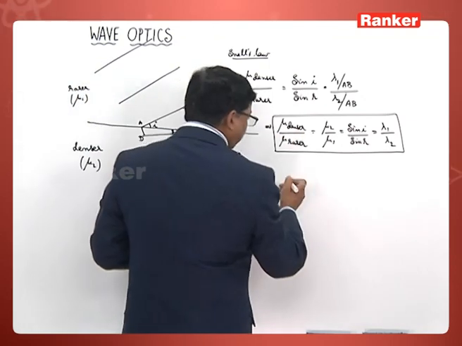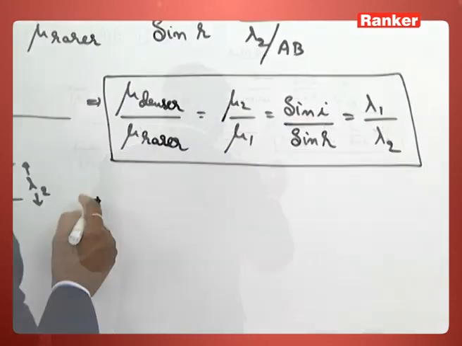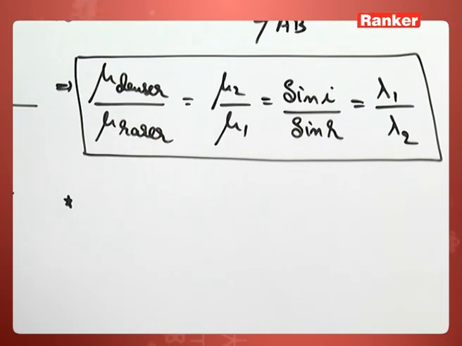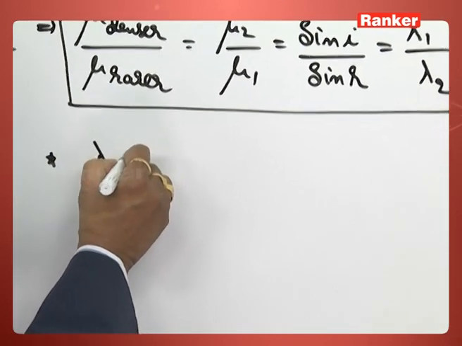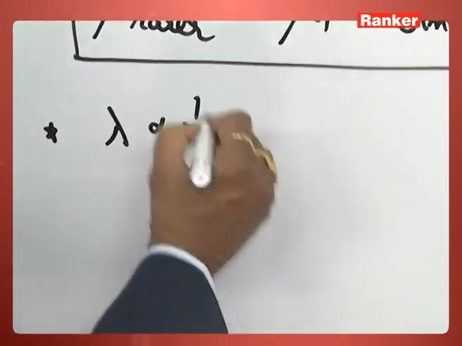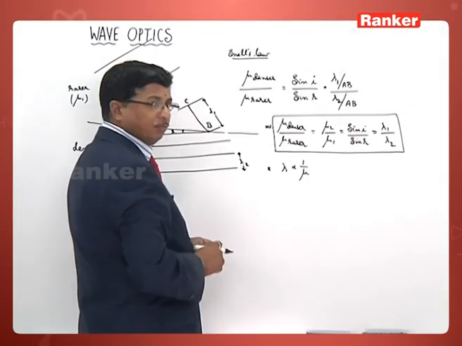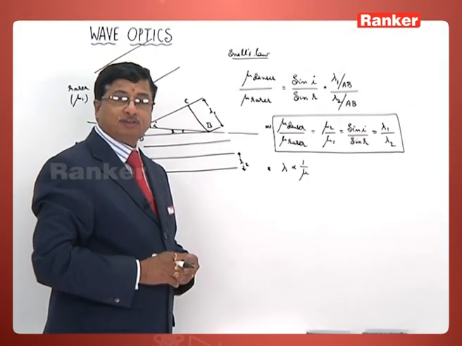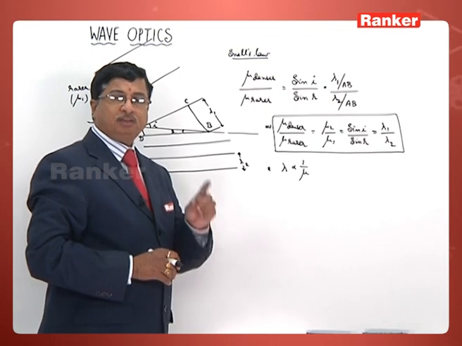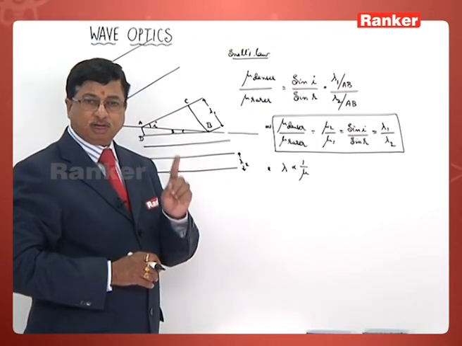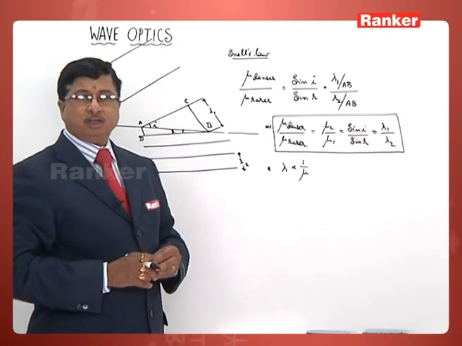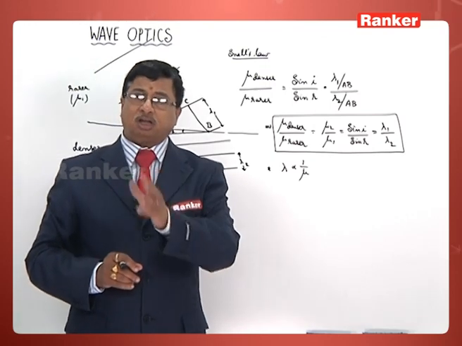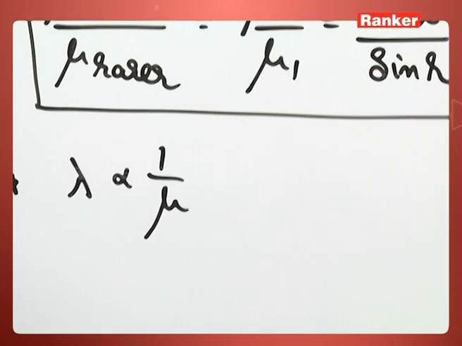From this, what conditions can we understand? The very first one: lambda is inversely proportional to refractive index. The more the refractive index of the medium, the lesser the wavelength of light in that medium. For example, consider air, water and glass, three different media.